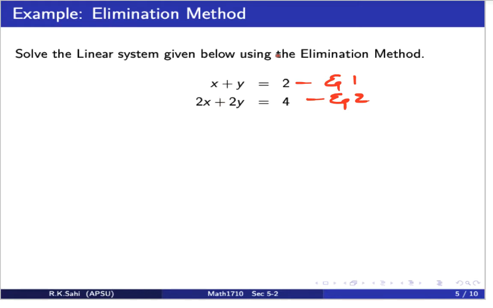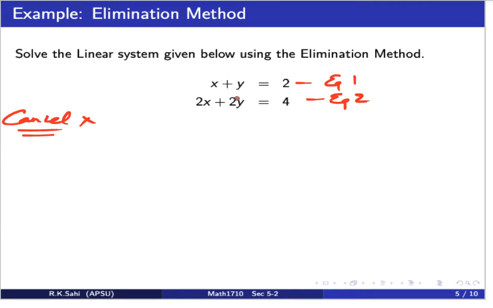But the problem here is that both variables have positive signs in both equations, and we will have to do a little algebra here. So the first thing we're going to do is make a choice. Okay, I am going to cancel x. In your head, you have to decide one of them.